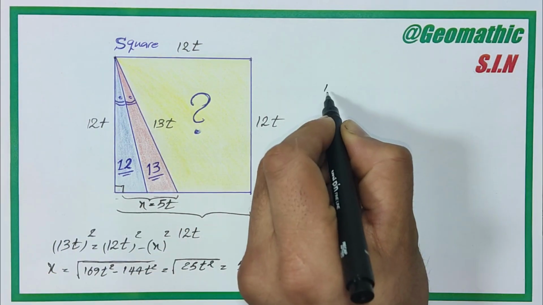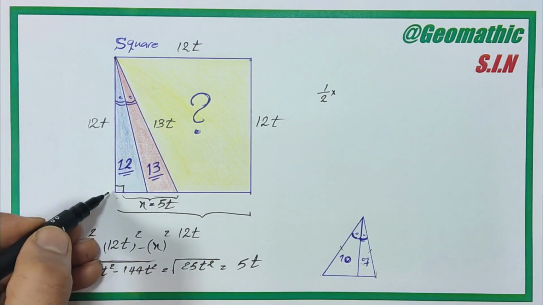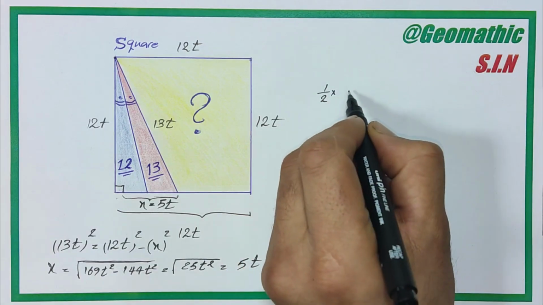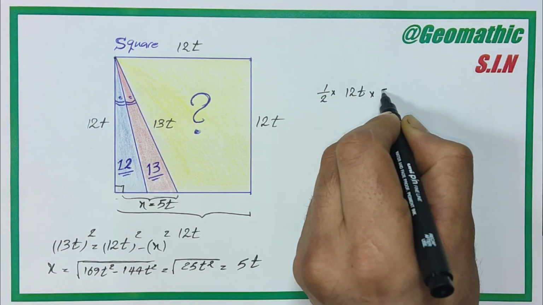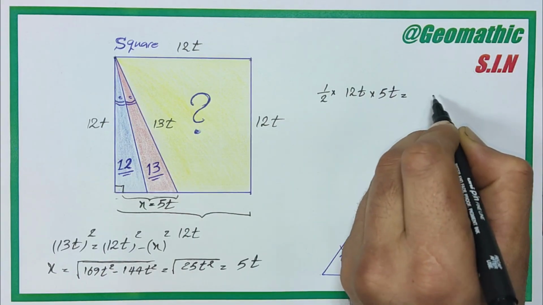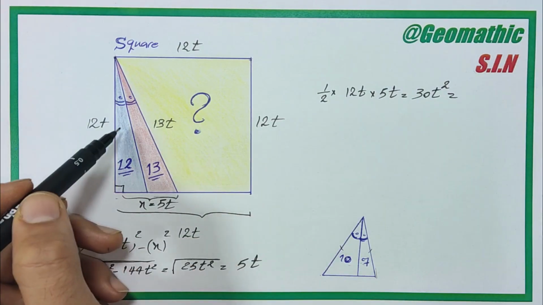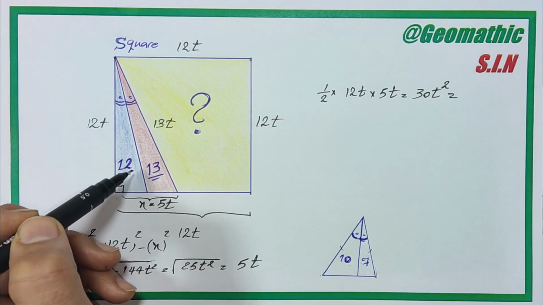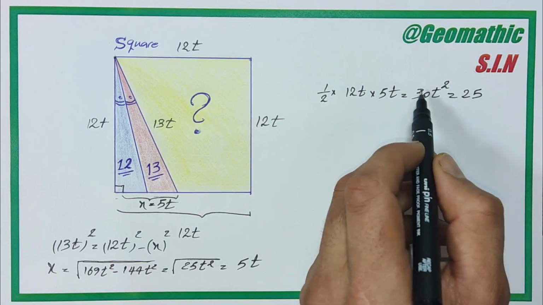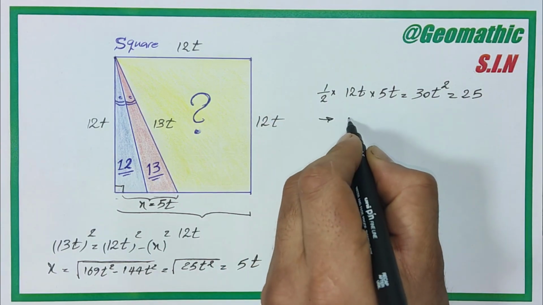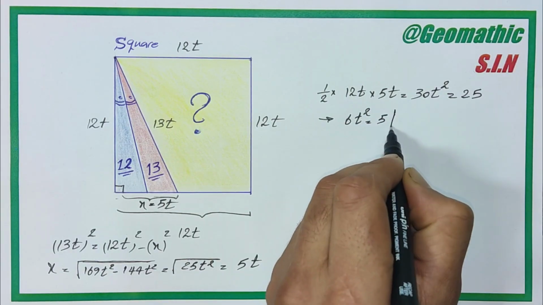So I write that 1/2 times height times base, 12t times 5t equals 30t squared equals the numerical value of the area, which is 12 plus 13 equals 25. So I factor out 5, then we have 6t squared equals 5. Remember this?